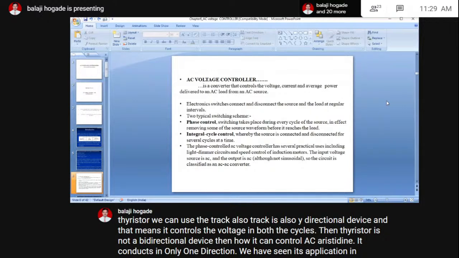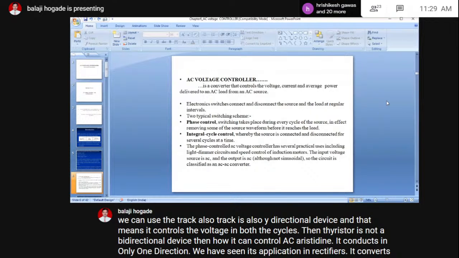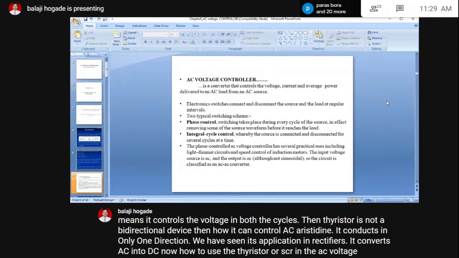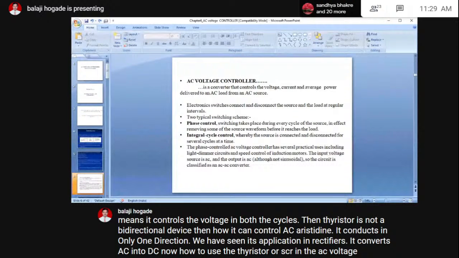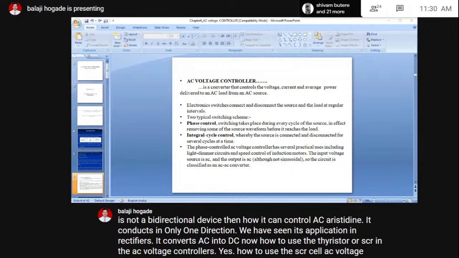Now, how do we use the thyristor or SCR in AC voltage controllers?